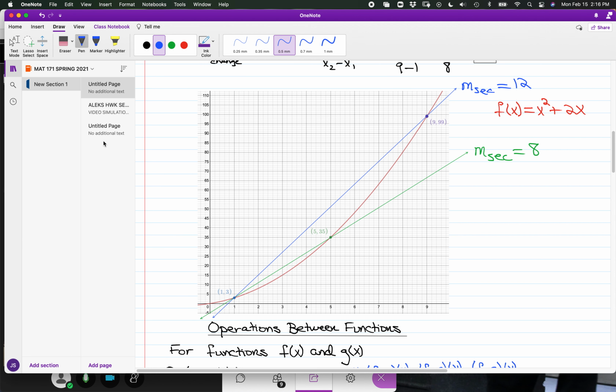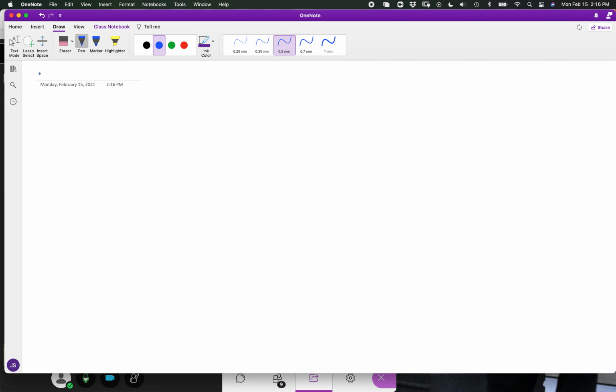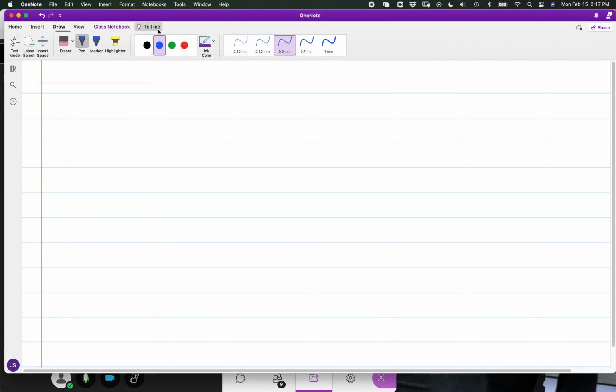Let me create a little bit of room here. Crossing over to not just individual functions, but also the interaction between functions. For this next part, you probably saw this at the bottom of the screen earlier. We have what we regard as operations between functions.